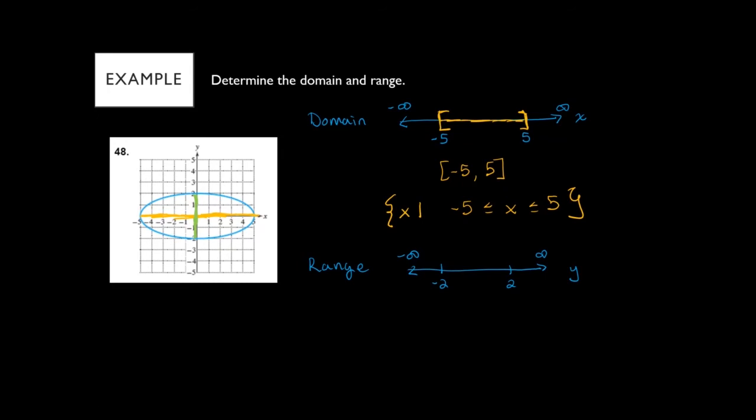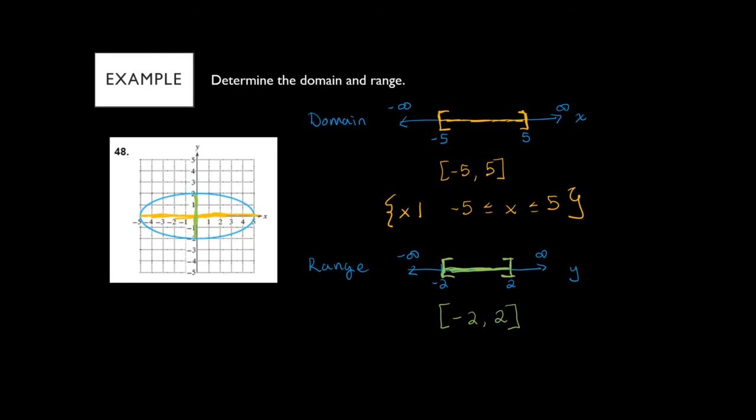We don't have anything bigger than or smaller than that. So that's going to look very similar. We just have different endpoints here. And so our range is going to be from -2 to 2. Brackets.